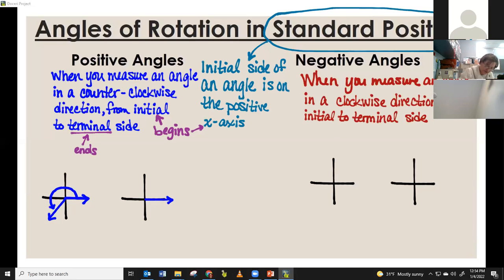If I start on my initial side and I rotate in a counterclockwise direction until I get to, say, here, that would also be a positive angle. One full rotation and then a little bit beyond.